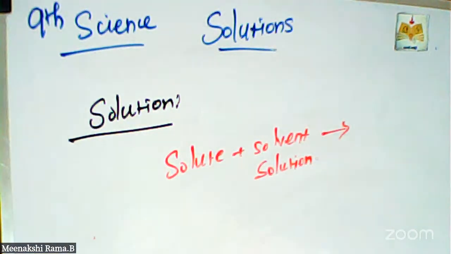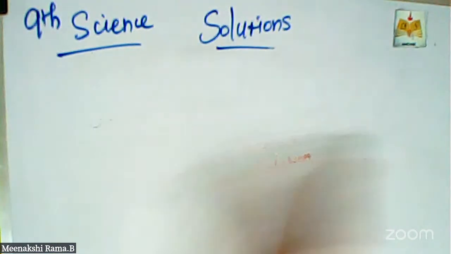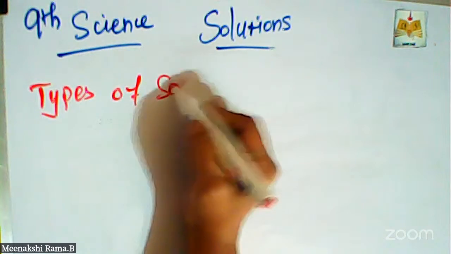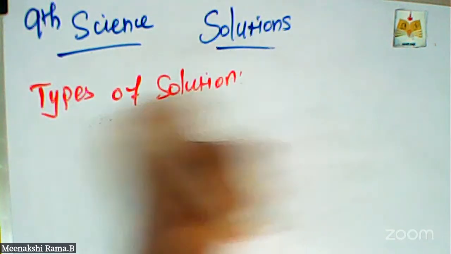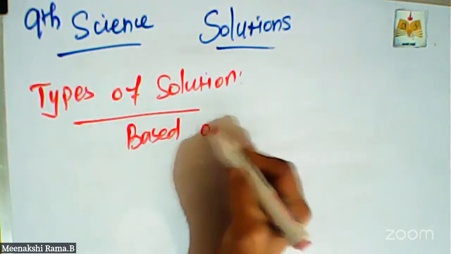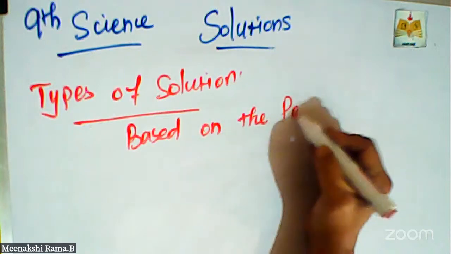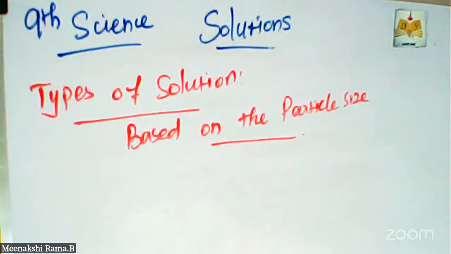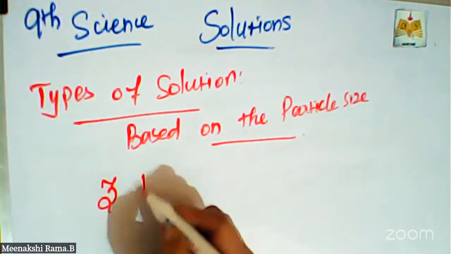So there are different sizes of particles mixed in the solution. How can we classify? Types of solution. This category is based on particle size. Based on the particle size, we can classify the solution into three types.